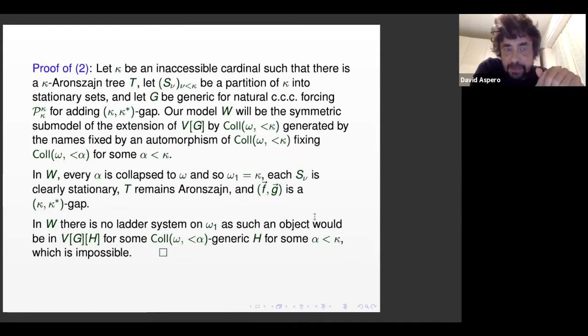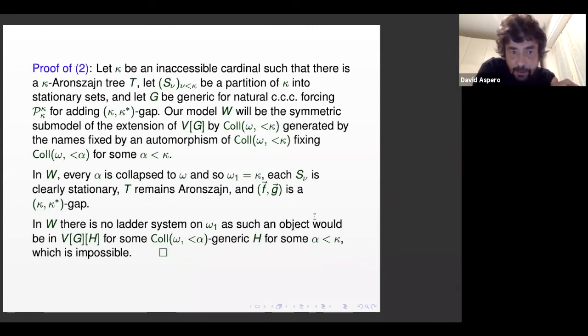And now you look at the symmetric submodel of the extension of V of G by the Levy collapse turning kappa into omega 2, generated by the names which are fixed by automorphisms that fix some initial segment of this Levy collapse. And then it's standard that this submodel will work.